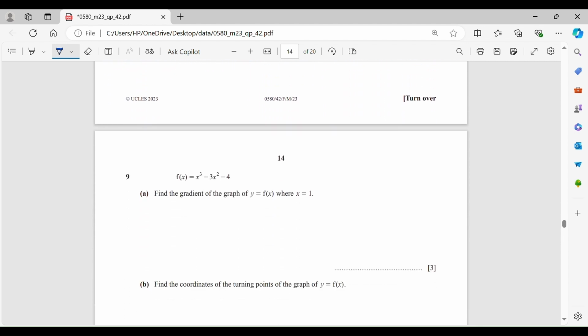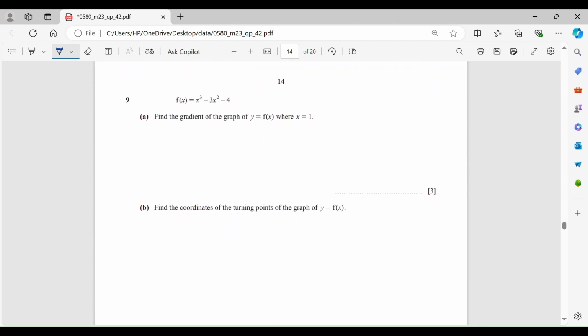Next, question number 9. fx is this. Find the gradient of the graph fx where x is equal to this, right? So for the gradient of the graph, we need to find the equation of the gradient, that is dy by dx. Now dy by dx will be equal to 3x raised to the power 3 minus 1 is 2, minus 3 into 2 is 6, x raised to the power 2 minus 1 is 1.